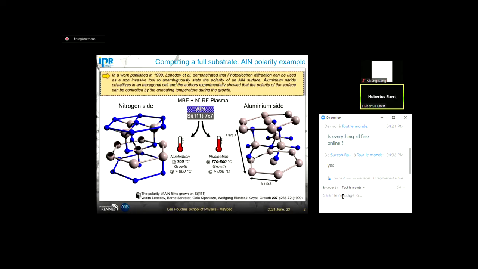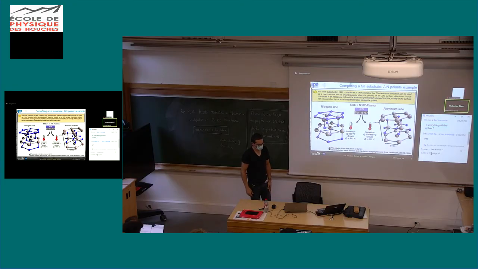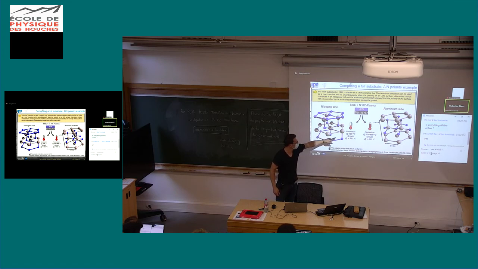So in a published paper in 1999, a group experimentally managed to grow both polarities of aluminum nitride, okay. With a lower nucleation temperature they promote the nitrogen side.